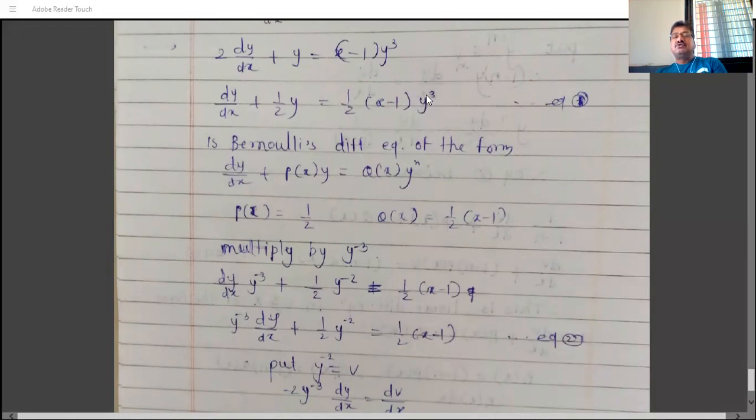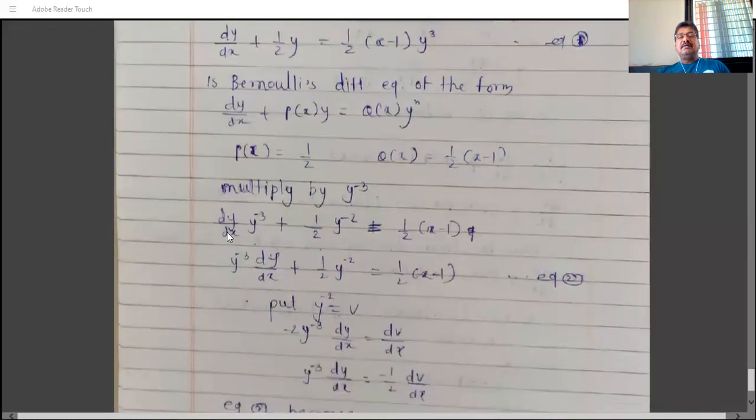If the term were y raised to minus 3, then we would multiply by y raised to 3, the opposite of the negative sign. But here it is y raised to 3, so we multiply by y raised to minus 3 throughout.